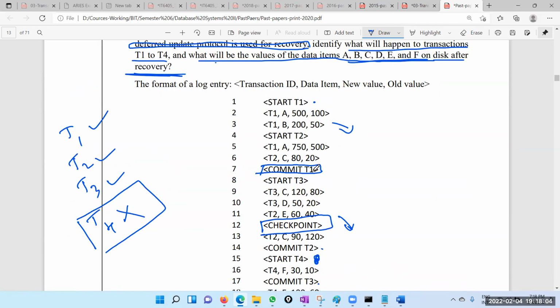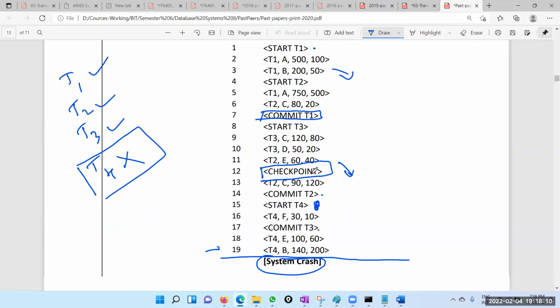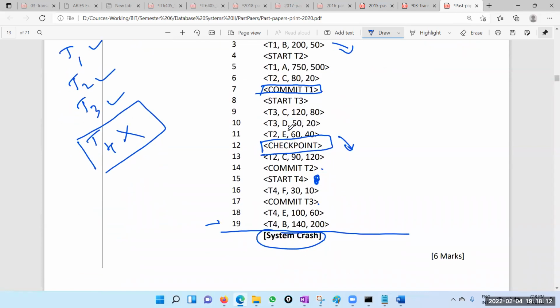Anyway, transaction 1 we don't have to redo, because transaction 1 is already committed, and there's a checkpoint also. In deferred update, at the checkpoint we flush. So transaction 1 is already flushed, and we don't have to redo it.